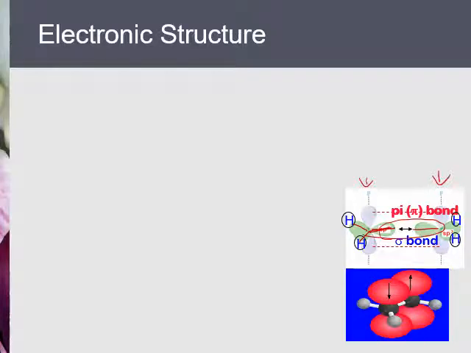In each carbon, there is an unhybridized p orbital, which is perpendicular to the plane, and this p orbital forms a pi bond. So a double bond contains a carbon-carbon sigma bond and a pi bond.